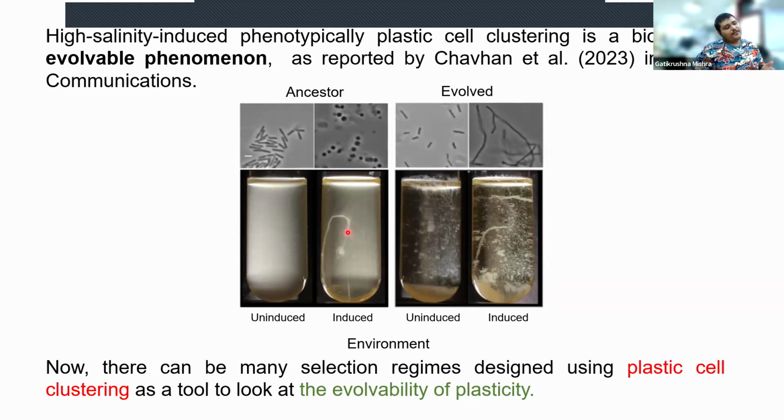So it does not matter if you are in high salinity or low salinity, you still will be able to produce these multicellular clusters. That is basically the canalization of this trait, or genetic assimilation. And they saw that, yeah, that is happening. That means this phenotype can evolve in multiple directions, or at least one direction. So, taking this as an inspiration, we asked a question: what if we select for different things?